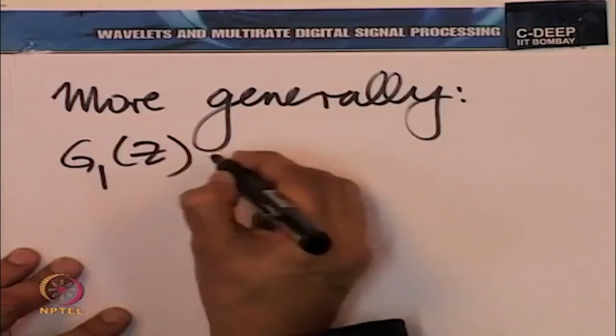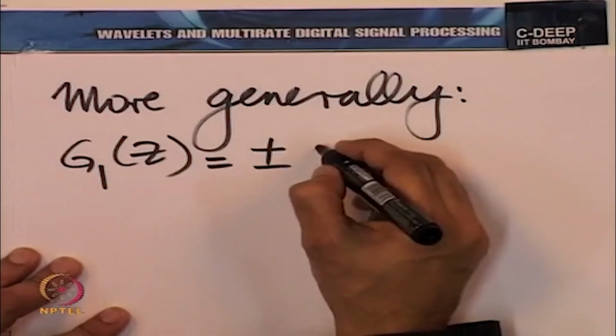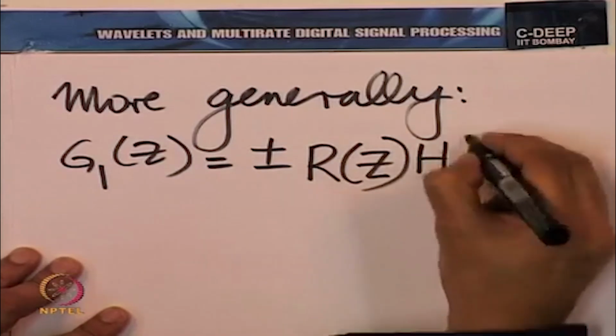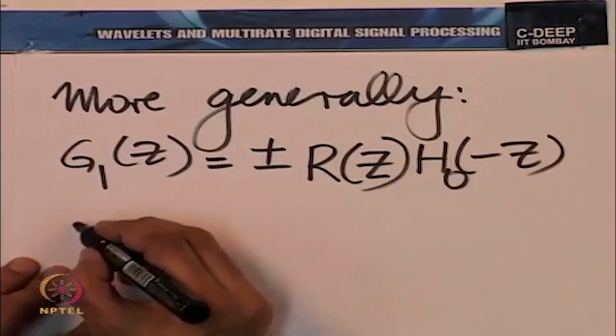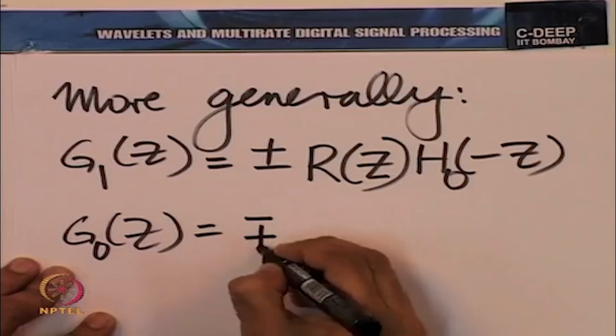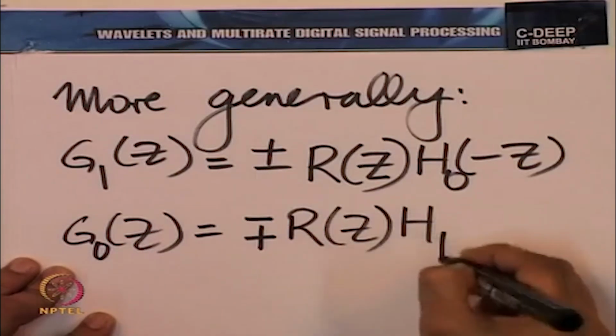G 1 z is of the form plus minus some factor, let us say r of z times h 0 minus z, and g 0 z is respectively minus or plus r z h 1 minus z.